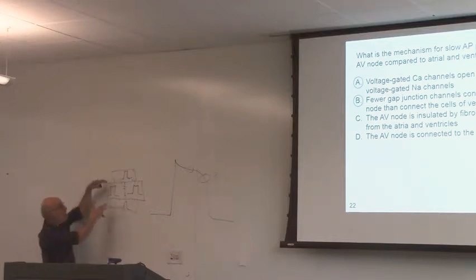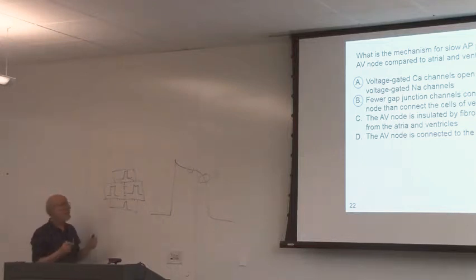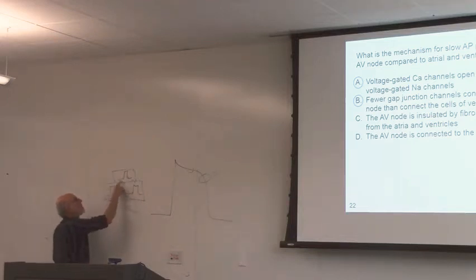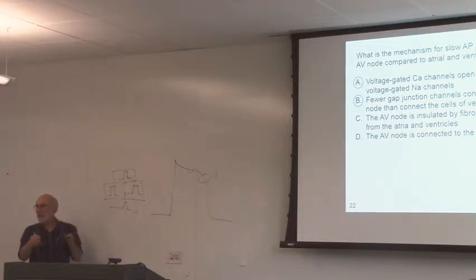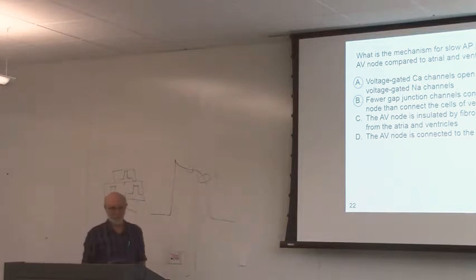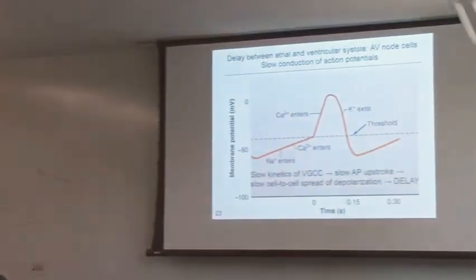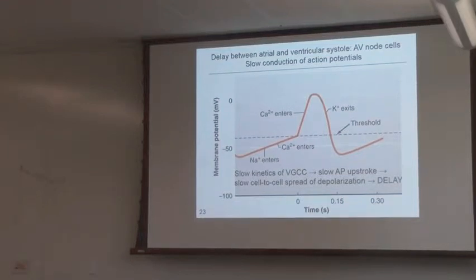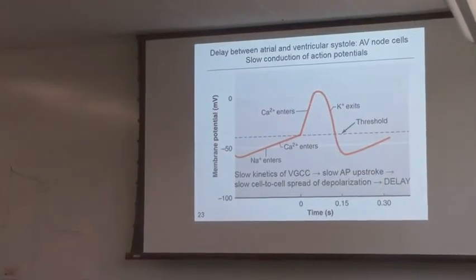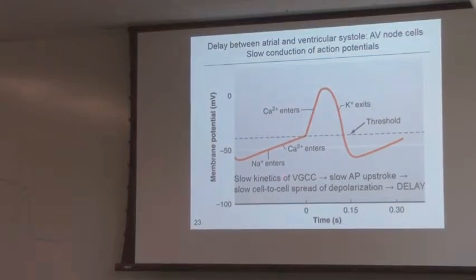So it spreads from here to here, right? Through the gap junctions. The AV node, it's the same story, but there are fewer gap junction channels. So the spread from cell to cell to cell is slower. Okay, so we've talked about the delay, slow depolarization of the action potential, and slow cell-to-cell spread.